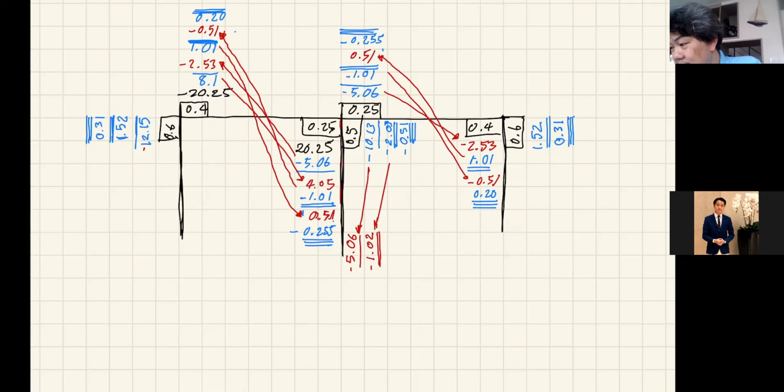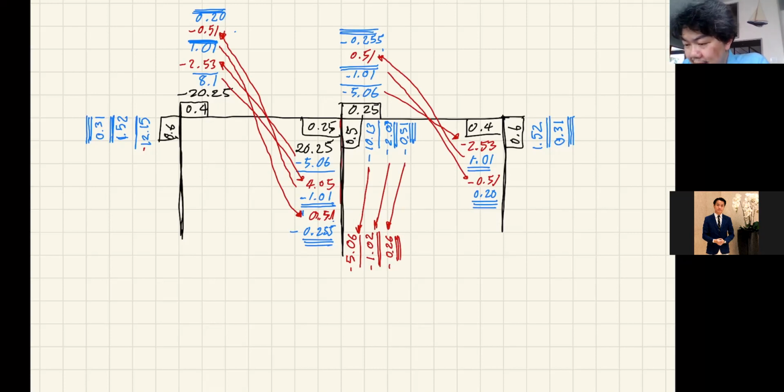That's the end of the third cycle, and it would be nice to send this to the fixed support a little bit at the end of the third cycle as well, and that's minus 0.26. Okay, so I hope the moment is small enough. So I'm going to summarize by using a different color.